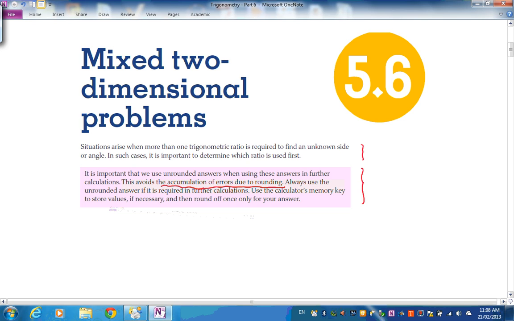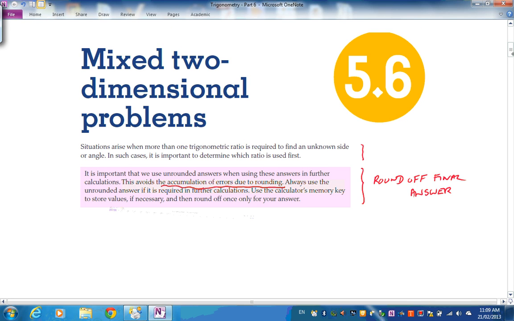So we use all the decimal places we can. Don't round it off if you're finding a go-between side or angle. Keep all the figures there so you don't introduce inaccuracies. We only round off the final answer, so we'll write that down. Round off the final answer only. Final answer to the whole problem, not to the go-between side.